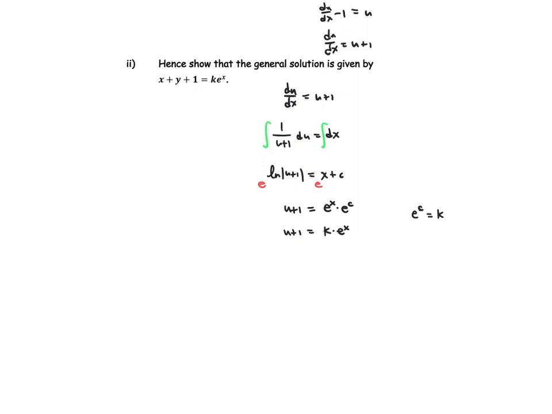Now, what was u? Well, u from above was x plus y, right? u equals x plus y. Therefore, x plus y plus 1 is equal to k e to the x. And there you have it, guys. There's the general solution to that differential equation.